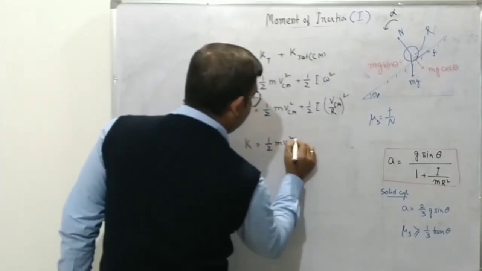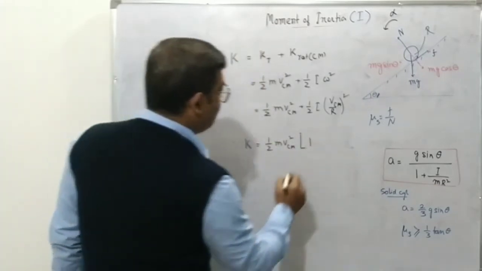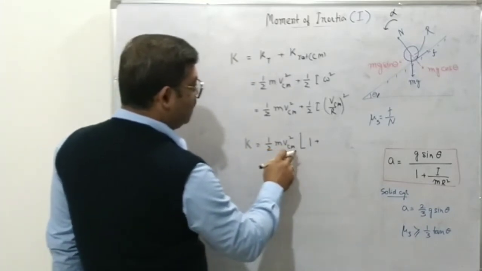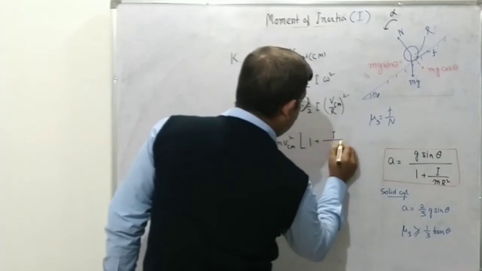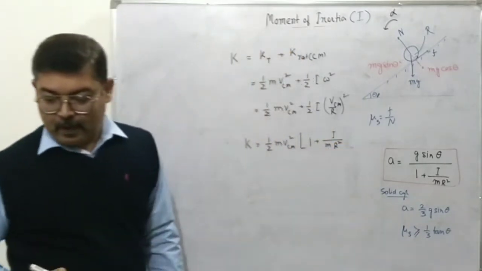If we take half m v cm squared common, what are we left with? The first term will be 1, and the second term will be I by r squared, and since we have taken m common, m will come here.